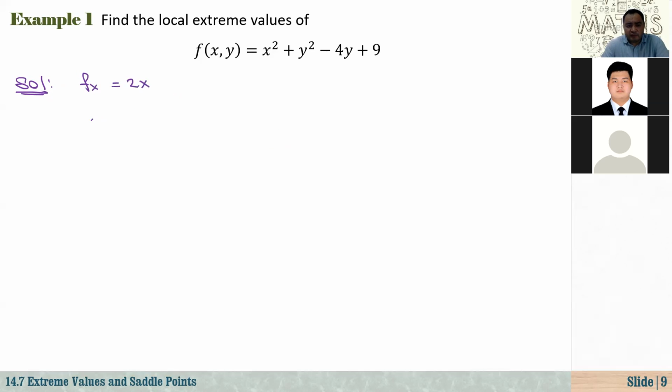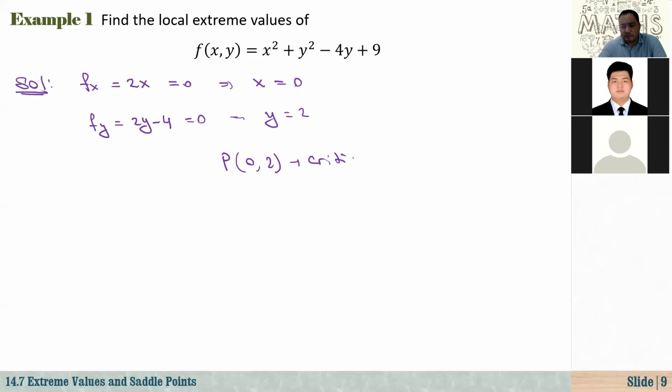And if you differentiate with respect to y, that's equal to 2y minus 4. So 2x is equal to 0 when x is equal to 0, and 2y minus 4 is equal to 0 when y is equal to 2. So (0, 2) is the critical point of this function. It has only one critical point.